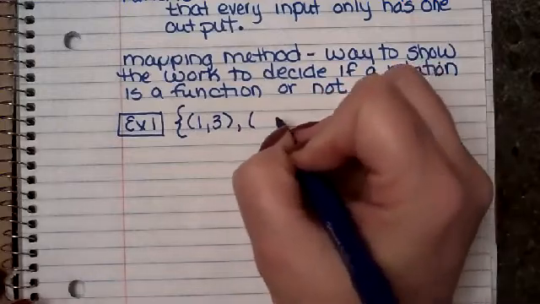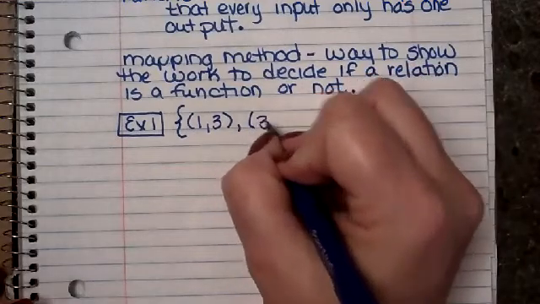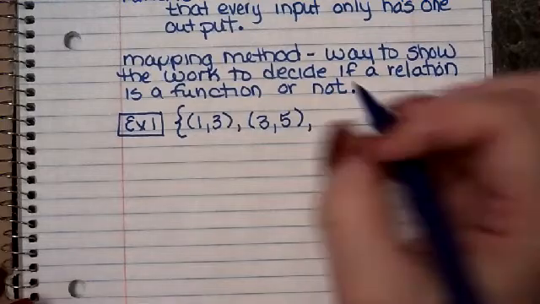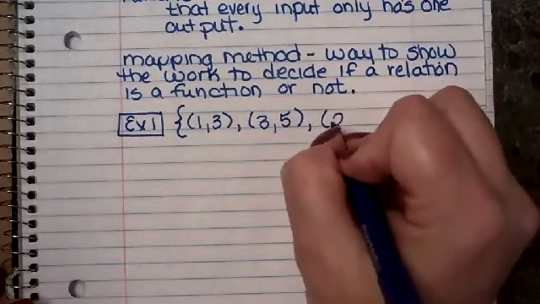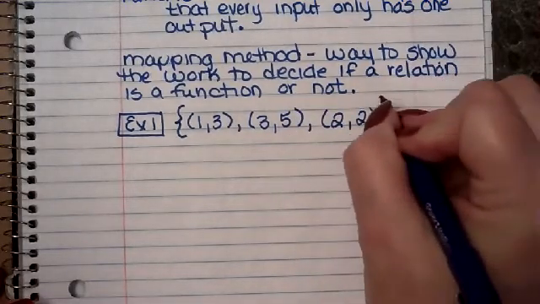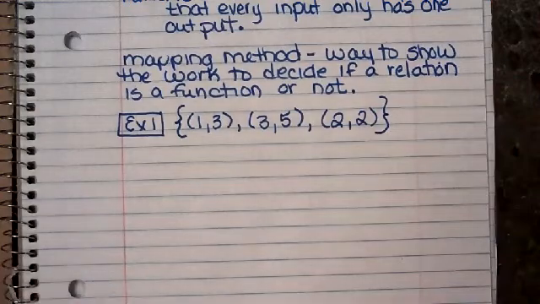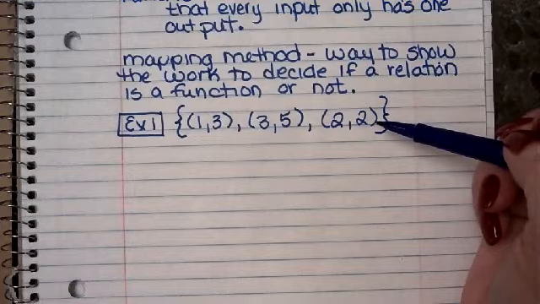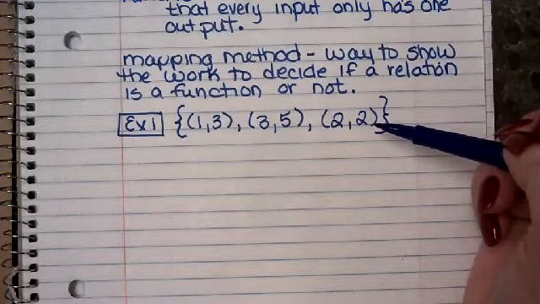They're a list. I have 3, 5. Put another comma right there, and then I've got 2, 2. Now the question is, is this a function? Does this list of numbers, every input has only one output?